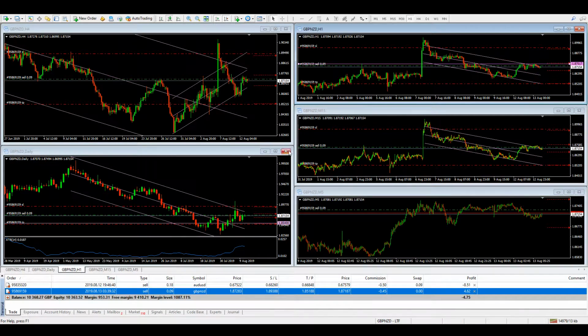So you just need to bear in mind as well, if you have a smaller account, you may not be able to have a position size that is small enough, because most brokers have 0.01 as a micro lot that you can take.